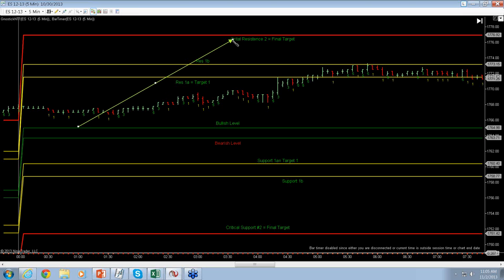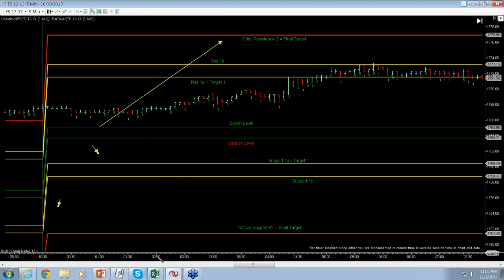But as I said, life isn't that easy. Now this is London, and this date, which I chose for a reason, is Wednesday the 30th. So all price action above this upper green line, the bullish level, we are buyers only.